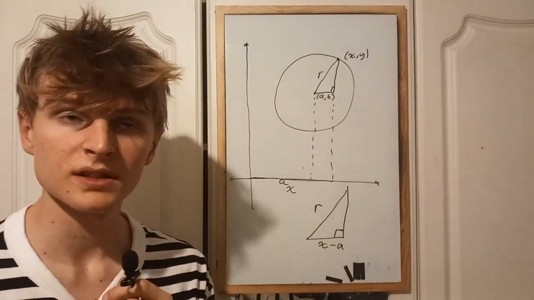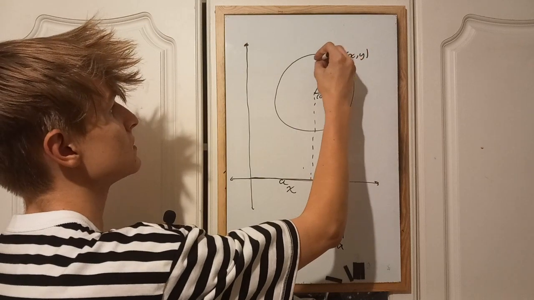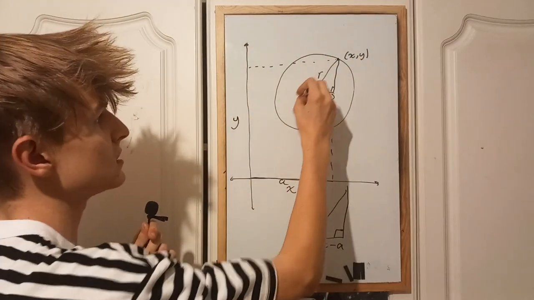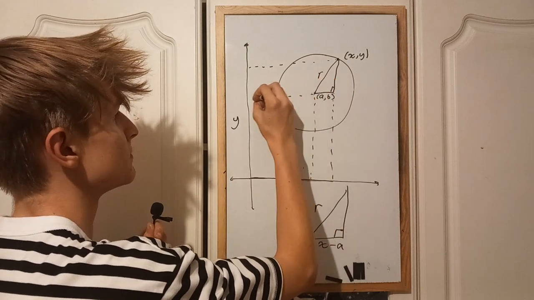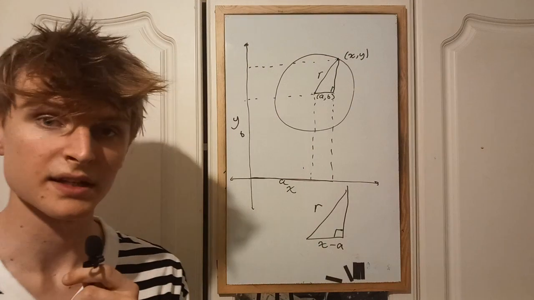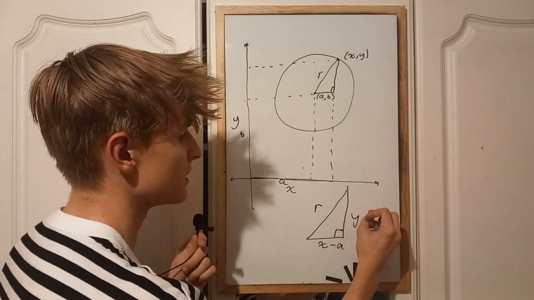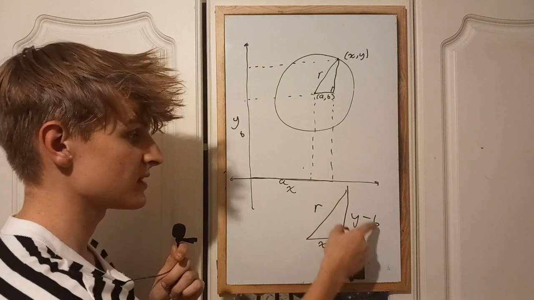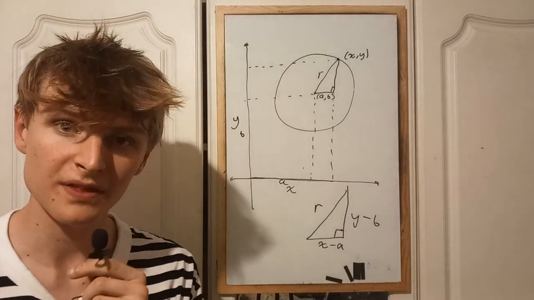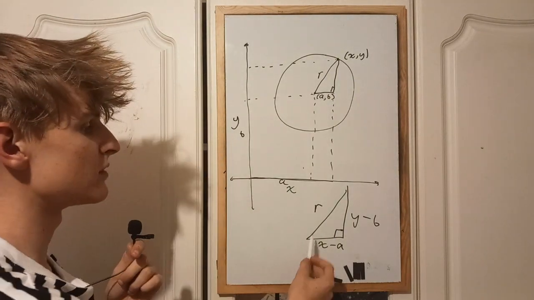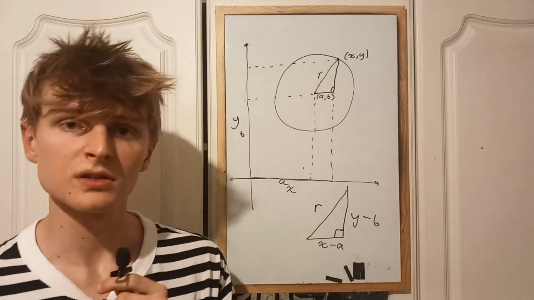Well, much similar to last time, we can draw out the y-coordinate of our point on the circle, which is y, and then we could subtract off the y-coordinate of the centre point, b. And then we're left with this distance here, which you can see is the same as the leg of the triangle, so we get y minus b. And now we've formed a triangle with side lengths we all know about, so we can use Pythagoras, and then we'll have an expression similar to last time, involving x and y, relating all the points in the circle with an equation.